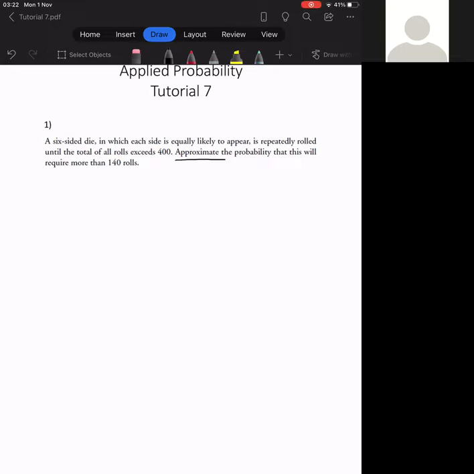So let S be the sum of the first 140 rolls. If it requires more than 140 rolls, we wouldn't want the sum to reach 400 in the first 140 rolls. So this would be the probability of S less than or equal to.